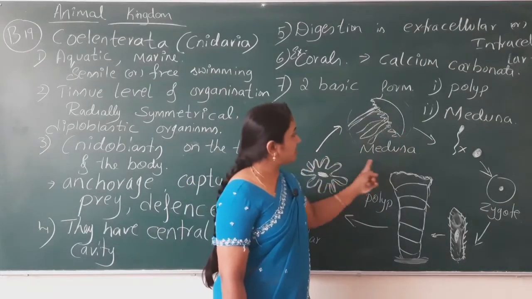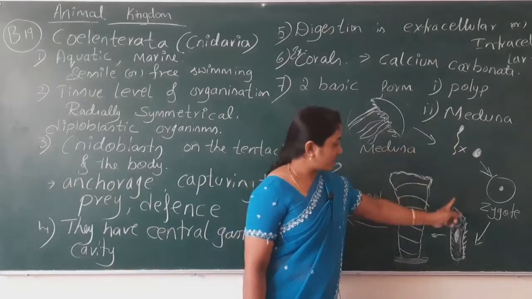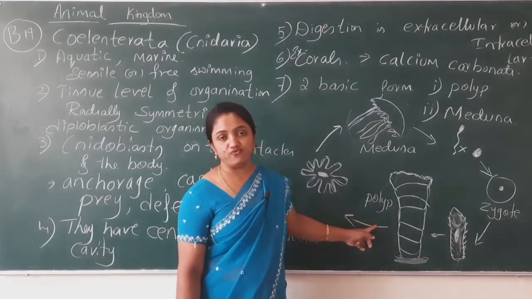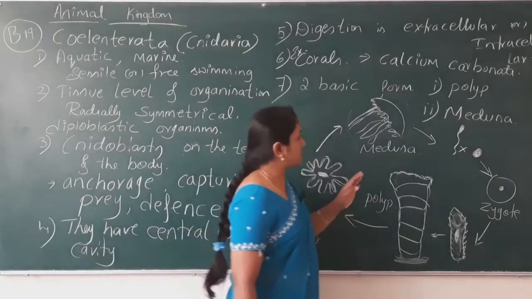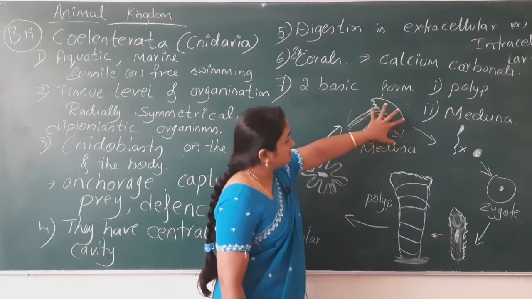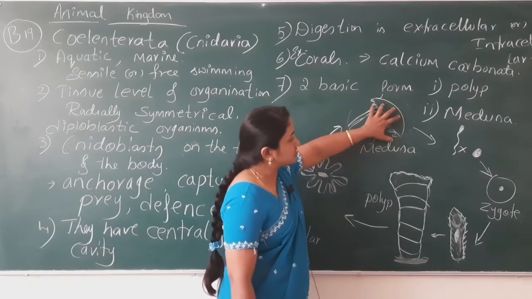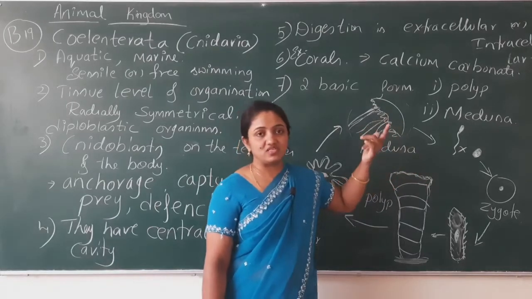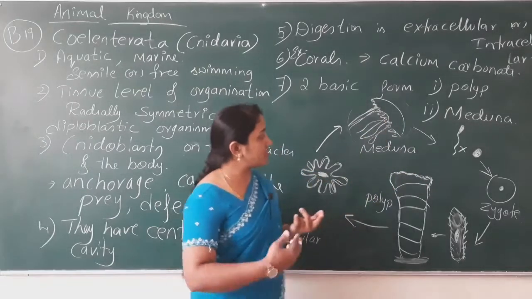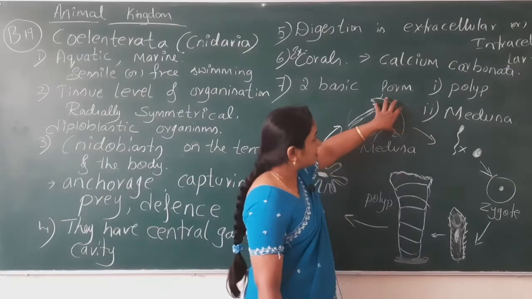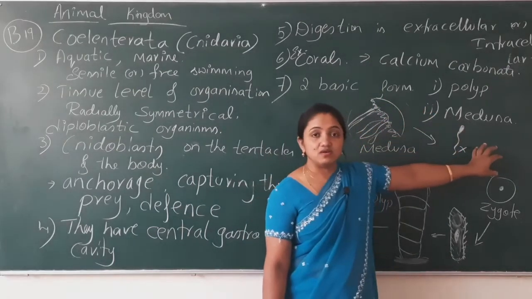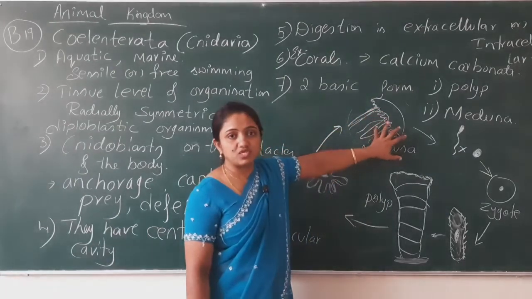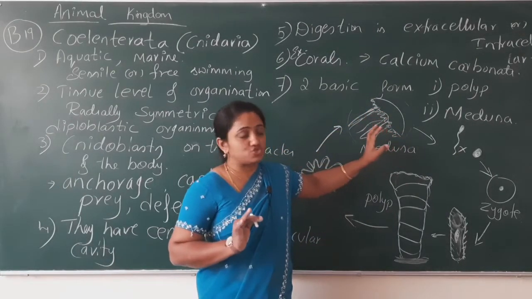One is the free living form, this is medusa, and one more is the polyp form, which is not at all going to move to any place. And this medusa is going to release the male and female gametes. Male medusa releases the sperm, female releases the egg. When it releases the egg and sperm, it means medusa reproduces sexually.